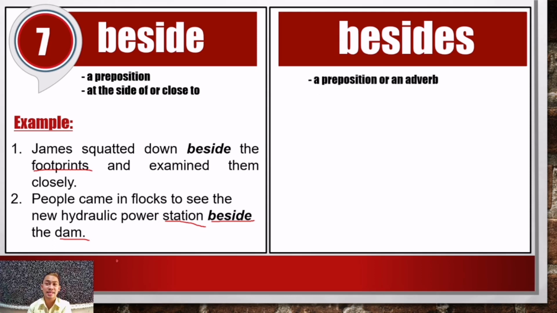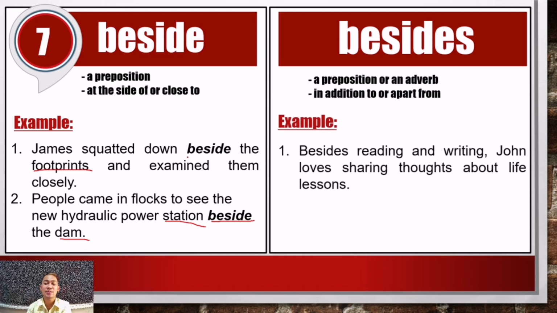Now we use besides either as a preposition or an adverb. Well, once it is used as a preposition or an adverb, it refers to additional information or it means apart from. For example, besides reading and writing, John loves sharing thoughts about life lessons.